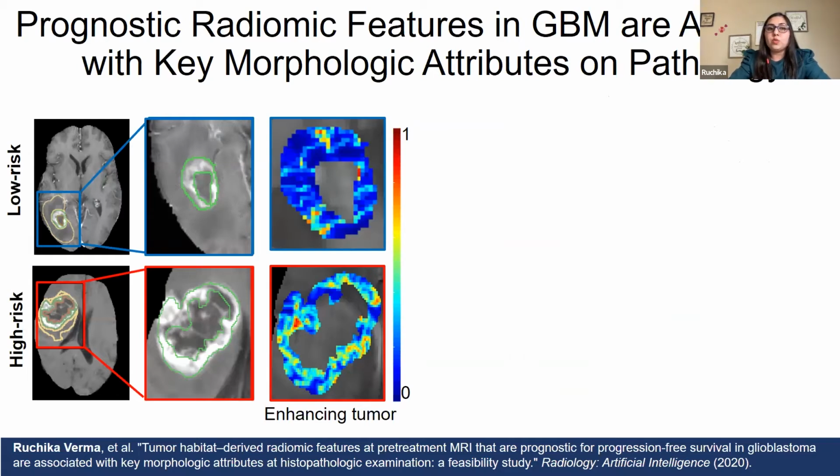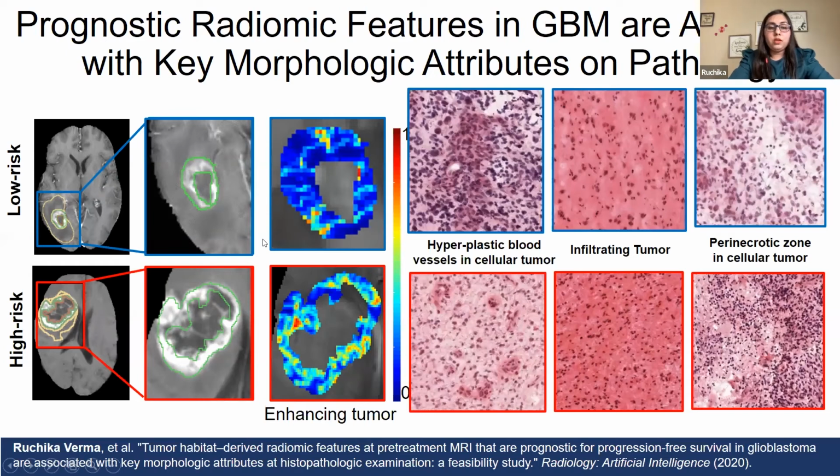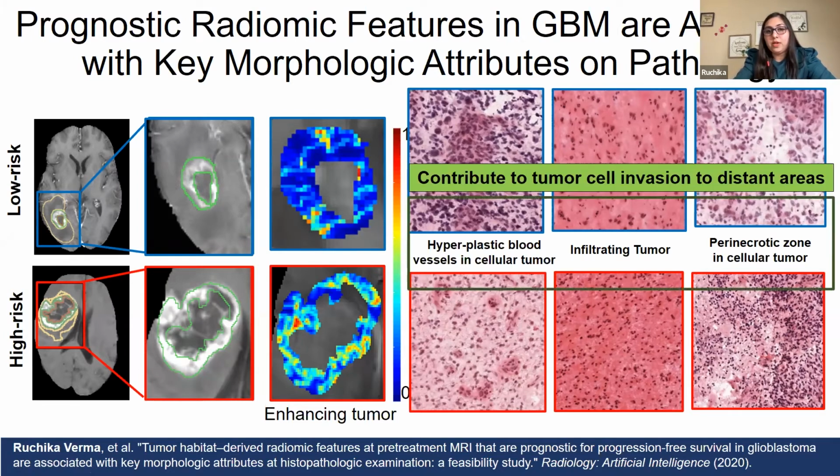We tried to make some associations of the important radiomic features which we identified. I'm showing here radiomic heat maps of a low risk and a high risk patient. We identified that the radiomic features from enhancing tumor were associated with infiltrating tumor and hyperplastic blood vessels in cellular tumor.